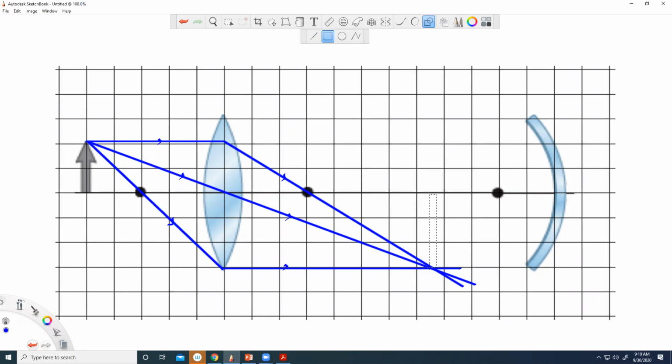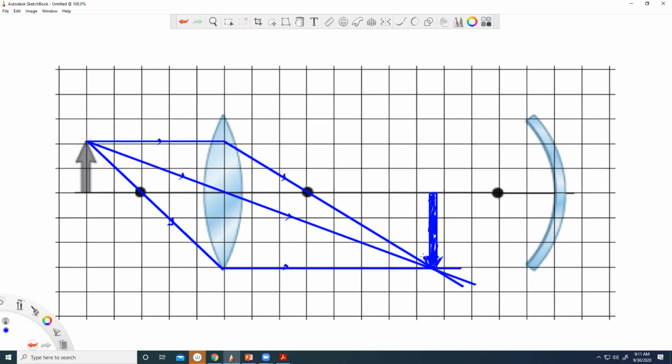So the image is formed here, and this image would be inverted because it's under the axis. Okay, so this image would be inverted. So that's the image.